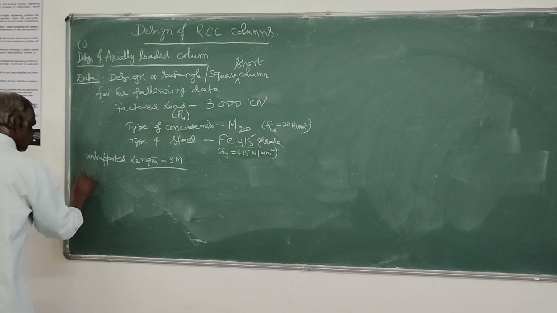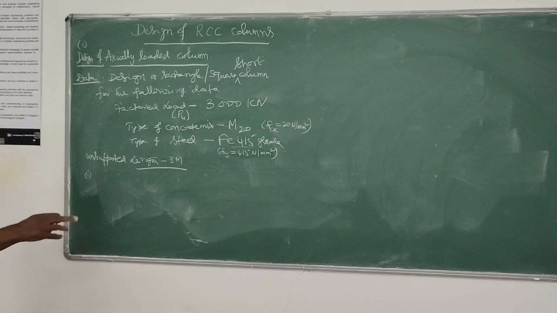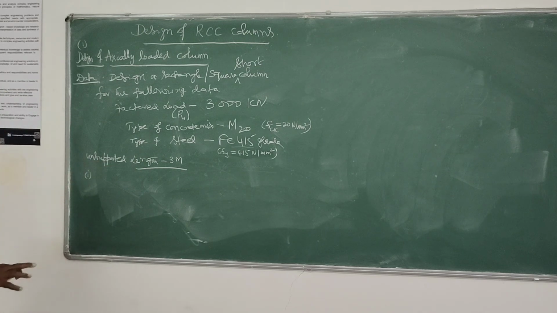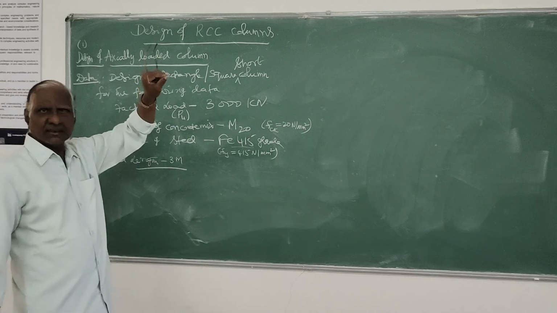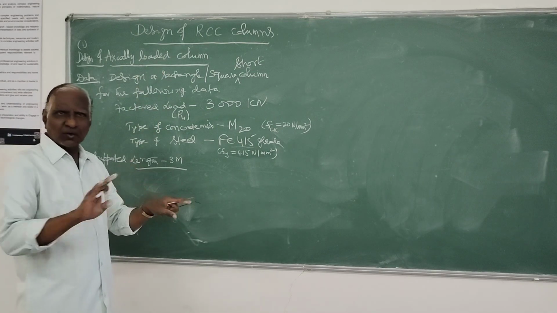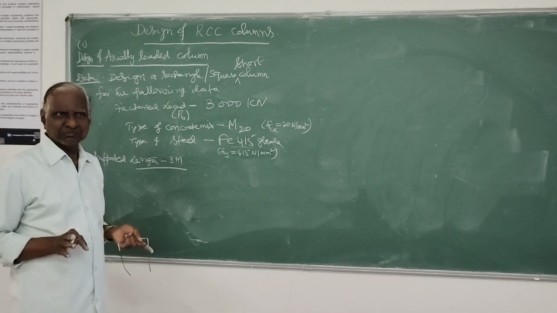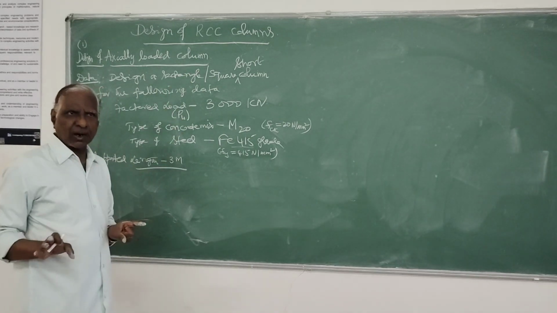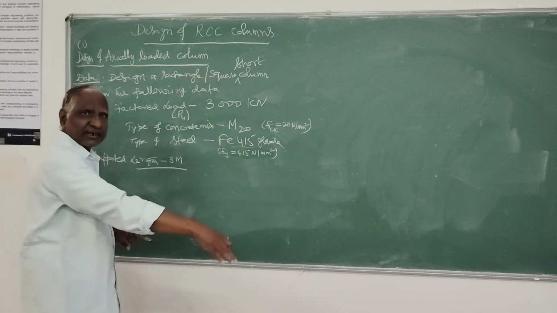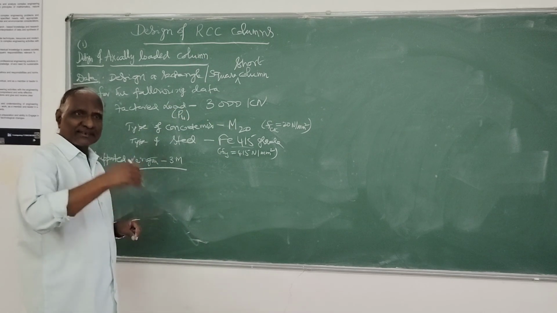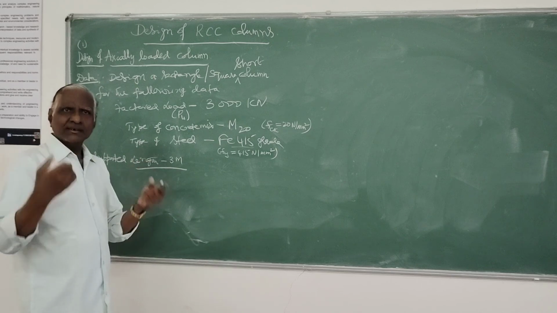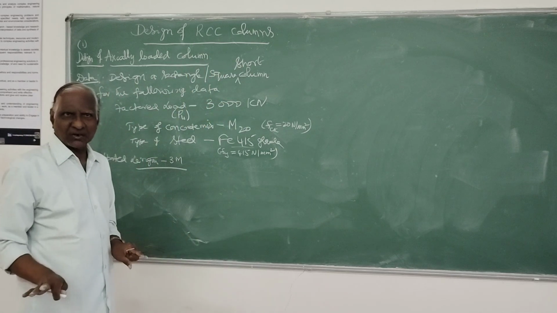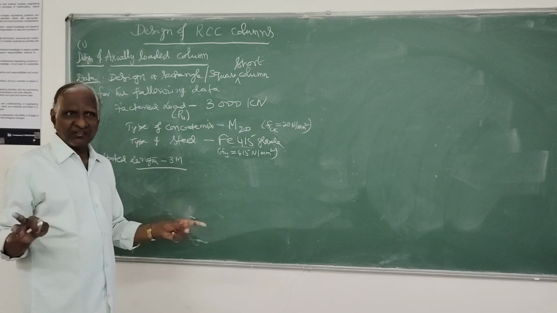So first step: unsupported length is given, 3 meters. Regarding end condition, it is not given. So forget about your effective length concept. When they have not given end conditions in the given problem, forget about the effective length concept and judging whether the column is short or long. Already it has been given as short, automatically it is short now. Forget about long column effect at all.